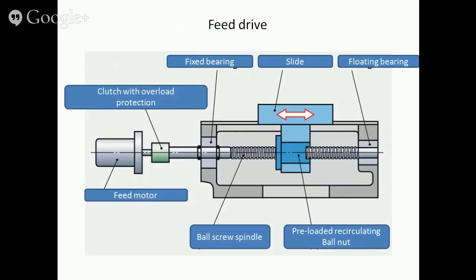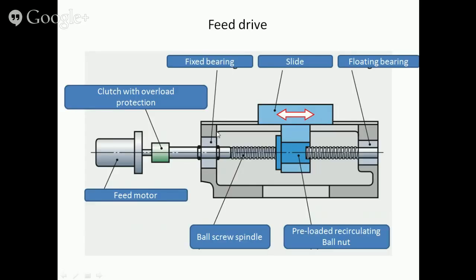Now a feed drive. In case of a CNC lathe, the feed drive for the Z and for the X axis is composed of a feed motor, a clutch with overload protection, which transmits power to the spindle, which moves the slide forward and back.